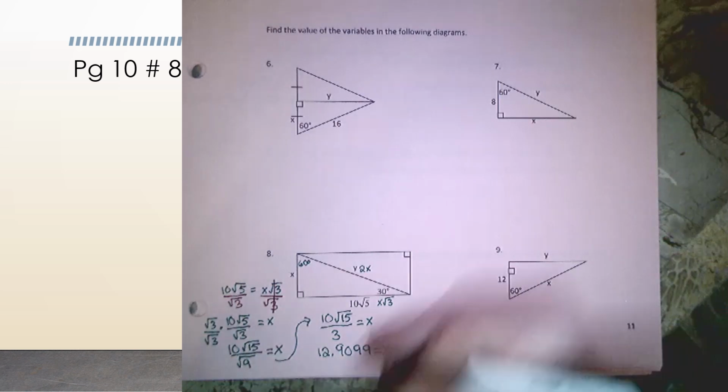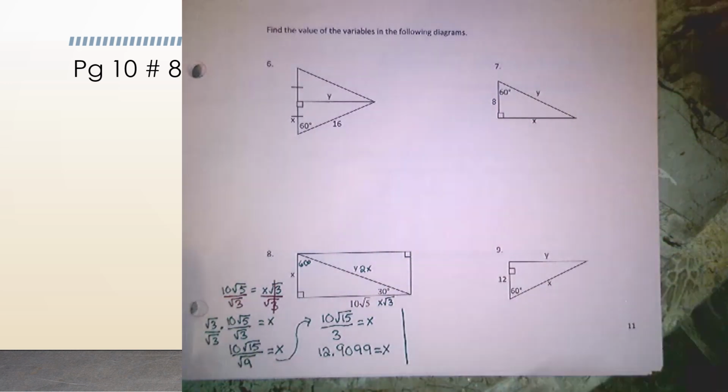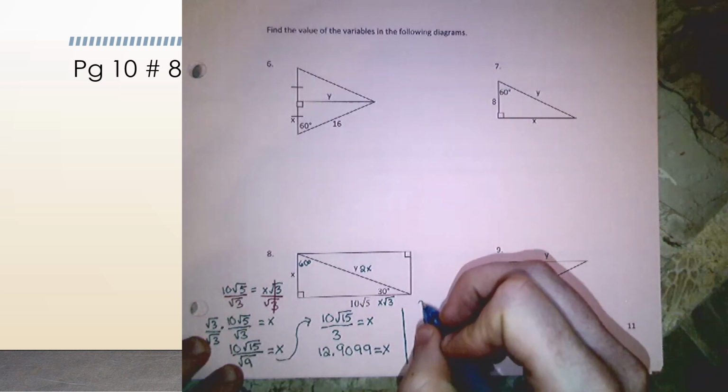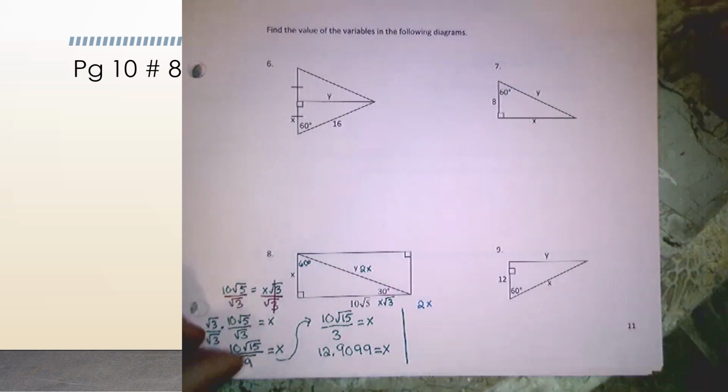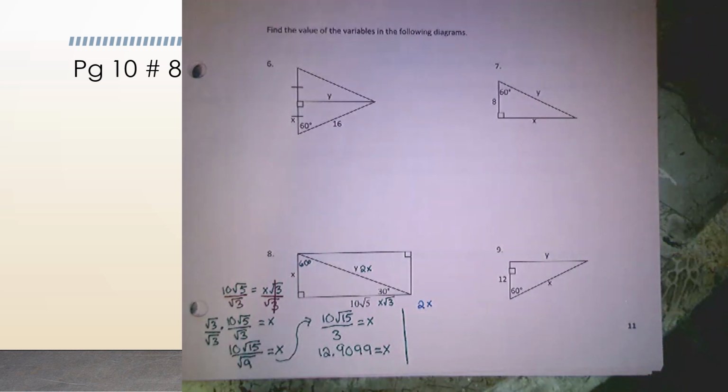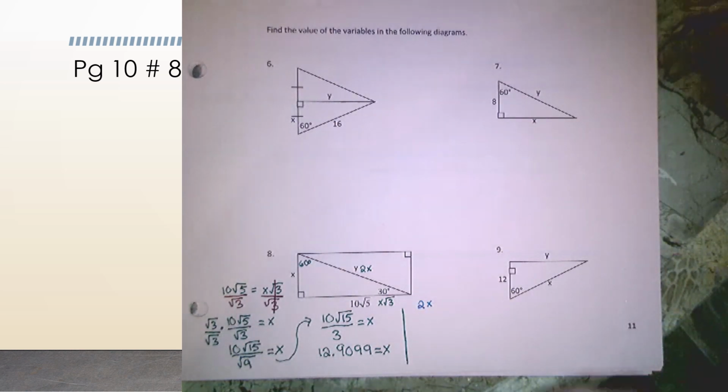All right, so that was to find x. Now let's find y, the hypotenuse. To find the hypotenuse, that's supposed to have the equation of 2x. Now we have actually solved for x, so we can put that in.